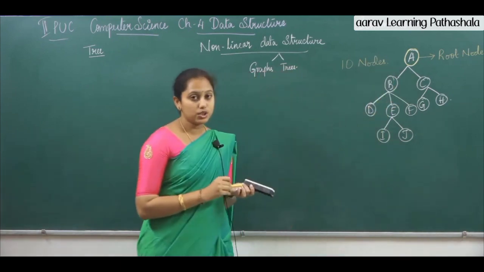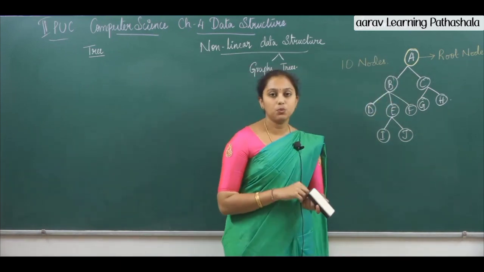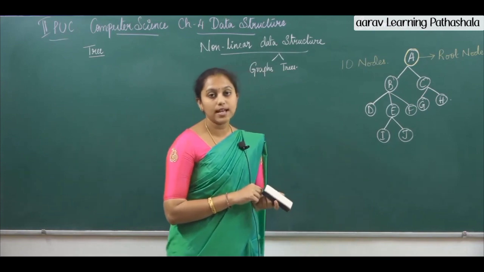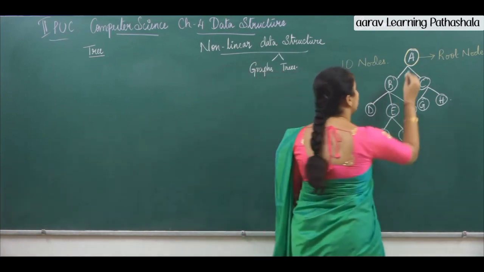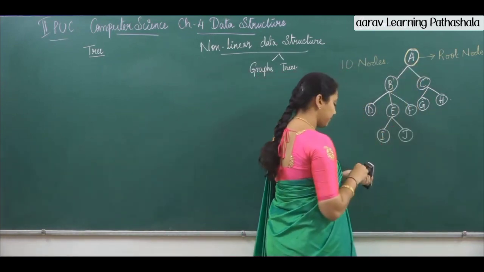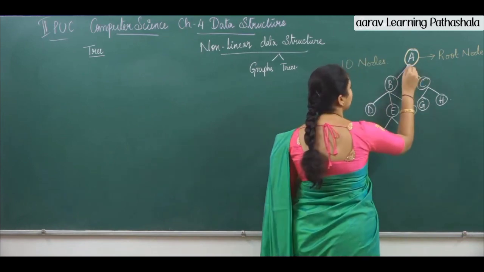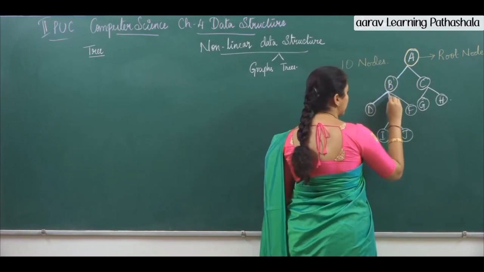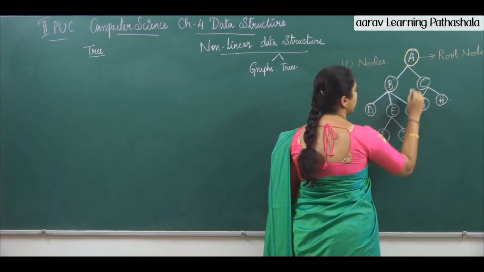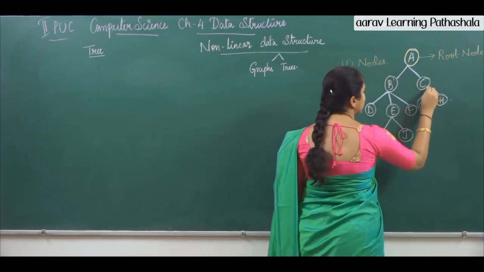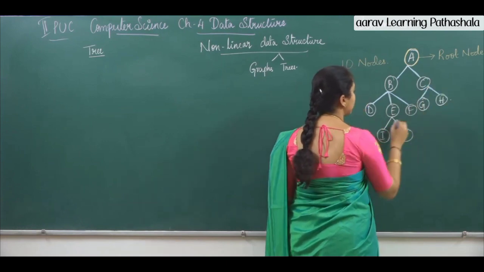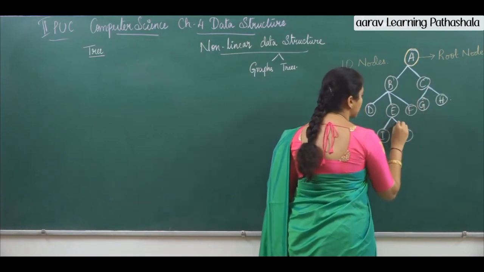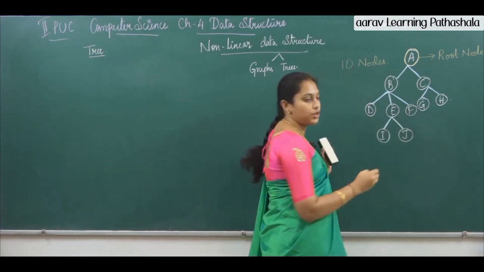So what is an edge now? The connection between two nodes is called an edge. So in this graph, these are all the edges.